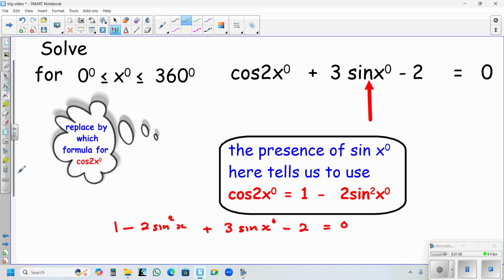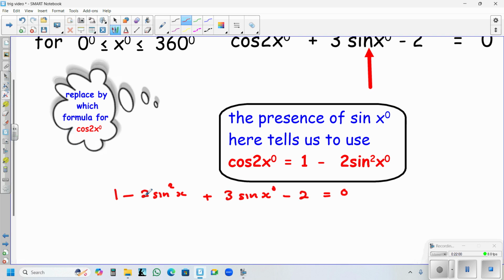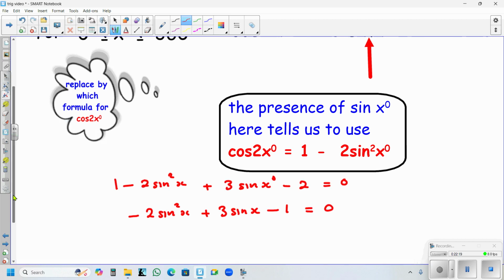So we really need to tidy this up. We've got two lots of numbers here, a plus 1 and a minus 2. So we'll write down the minus 2 sine squared x, the plus 3 sine x, and we'll tidy up the number part of it. So we'll get plus 1 and minus 2, which gives me minus 1 equal to 0. Now, we've got our quadratic.